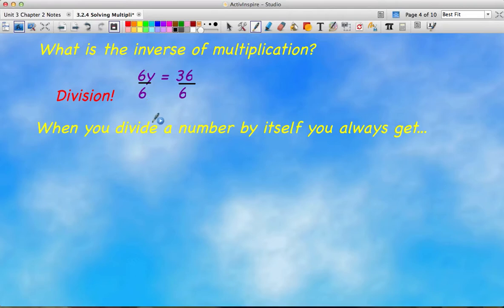Any number divided by itself always gives us 1. And we're left with 1 times y equals 6. And I know that 1 times a number, according to the identity property of multiplication, is always going to give me that same number. It's going to allow that number to keep its identity. So I know 1 times y is just going to be y, so y is going to be equal to 6.